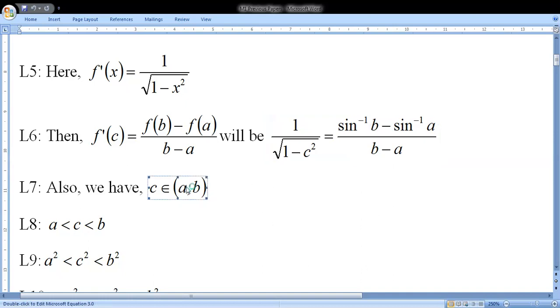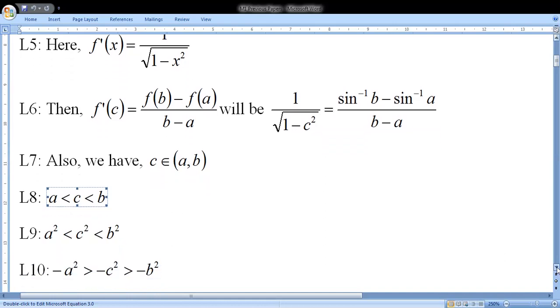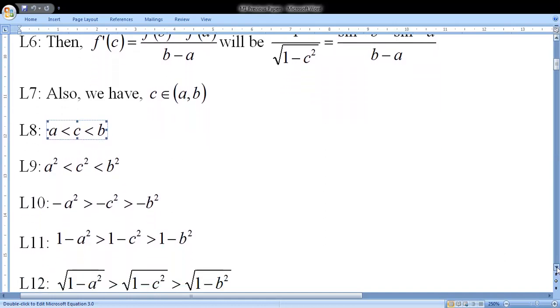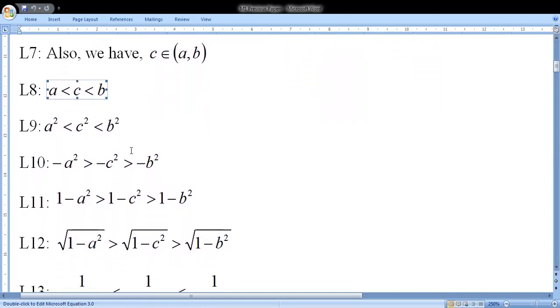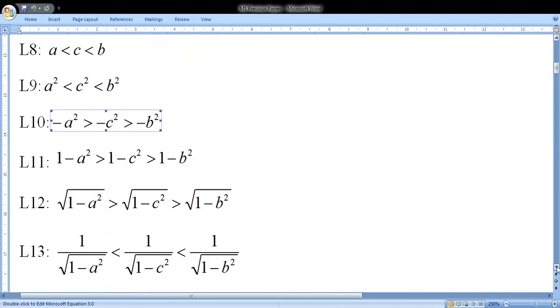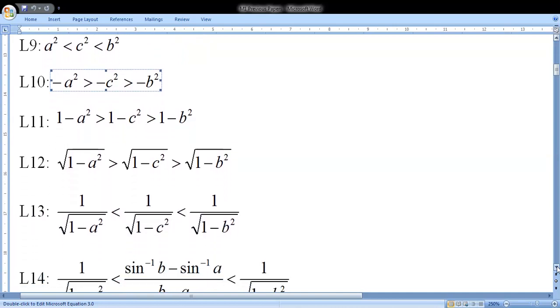Also, we have c lies between a and b, that is a less than c less than b. So, squaring on both sides, it will be a square less than c square less than b square. Then I have multiplied minus throughout, then it will be minus a square greater than minus c square greater than minus b square. Then I have added 1 throughout, then it is 1 minus a square greater than 1 minus c square greater than 1 minus b square.